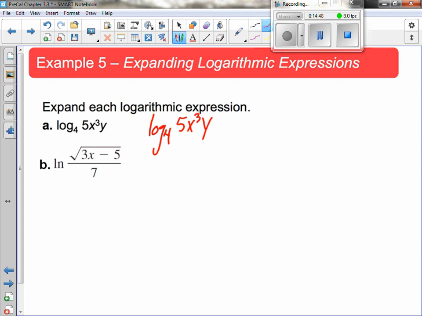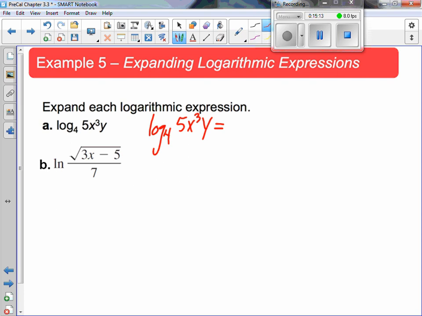The first one I would always do first when expanding is division, because division deals with a negative. Negatives are tricky because we have to make sure the signs are the same, kind of like the last one where we had the ln's broken down. The negatives can change what it is. Yes? So I would normally do division first.